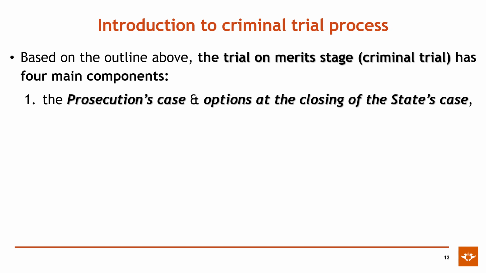So at the end of the state's case, according to the principle of audi alteram partem, it is the opportunity of the defense, if the prosecution has provided prima facie proof of its allegation, the accused will have to defend him or herself against the state's allegation, and the same process of adducing evidence will follow.